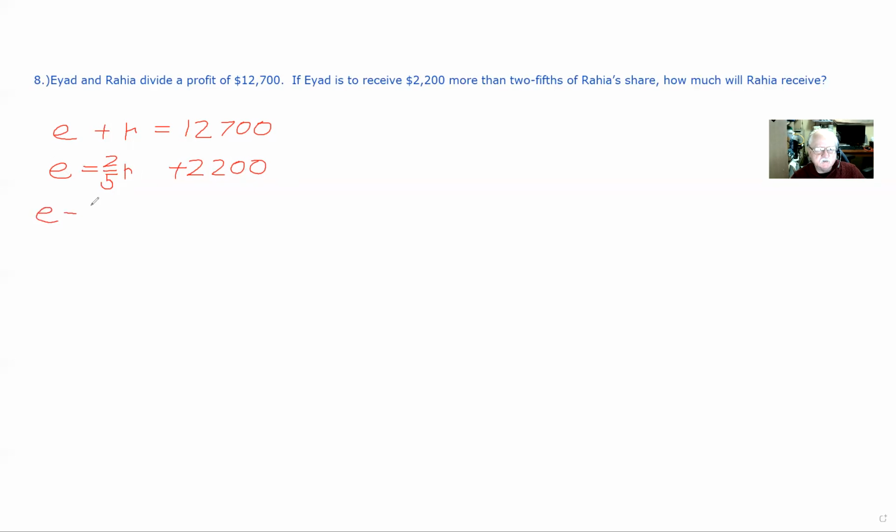So E minus 2/5R equals 2,200. So at least it's in the standard form. For some reason, I have trouble writing fives.